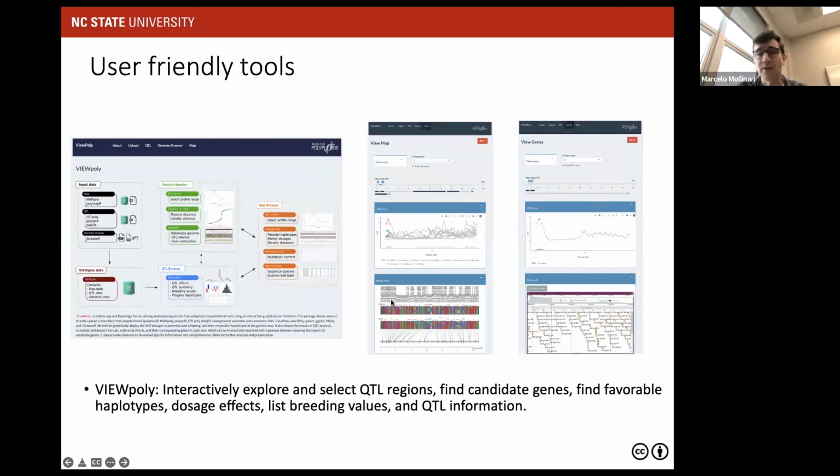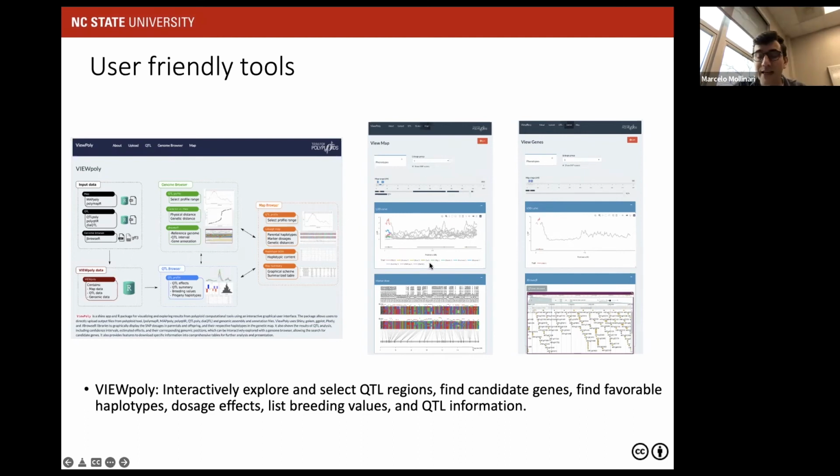It's not the last slide, but it's one of the last slides. And of course, we are trying to implement friendly tools, because as you can imagine, these analyses are very time consuming. You need a lot of computational power to do this, but we are trying to have user-friendly tools. We have just submitted a paper for this tool here. It's a graphical tool.